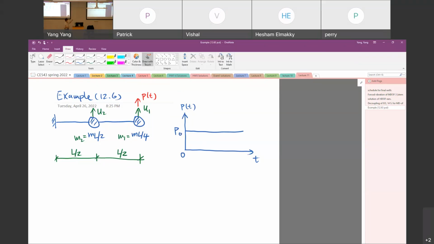If we apply a force on the free end of the cantilever beam very suddenly, in a very short time, we know that the cantilever will vibrate initially, and then it will keep a constant deflection. So now we need to determine the response.